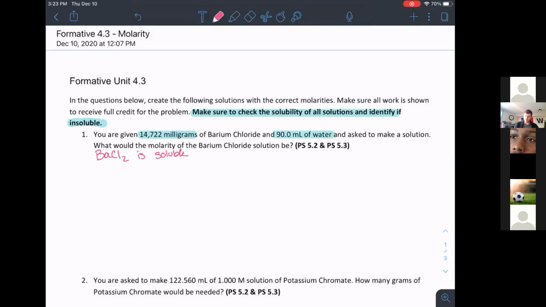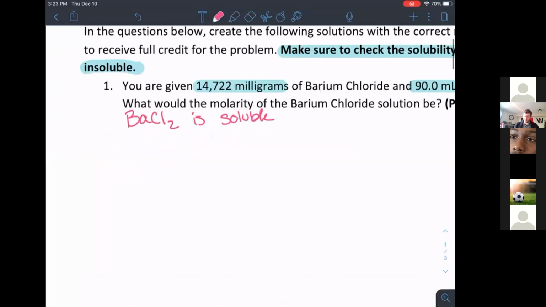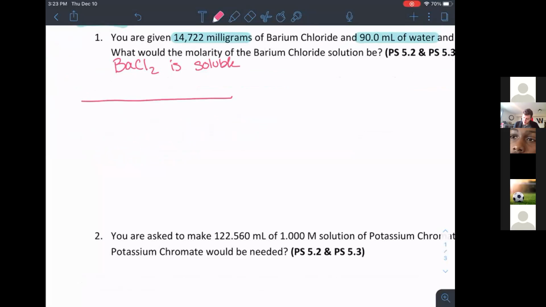So this first one, we have milligrams, and we know we always want our mass for chemistry class to be in grams, which means we are going to convert. So I'm going to draw my lattice structure, my railroad tracks, and put the 14,722 as my given in milligrams. Now I want to get rid of milligrams, which means my units of milligrams go on the bottom. We should remember from the beginning of the semester that 1,000 milligrams is equal to 1 gram.